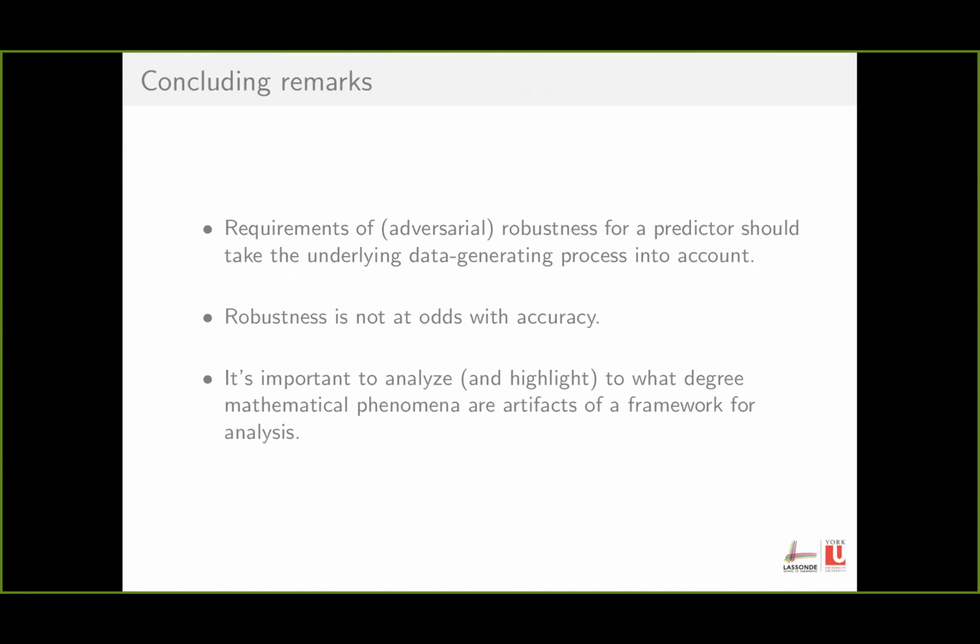And then maybe also a little bit higher level takeaway: we as theorists like to take definitions and show all kinds of surprising phenomena, but sometimes these phenomena are maybe artifacts of the framework, or in this case, the loss function that we are using. Yeah, that's it.